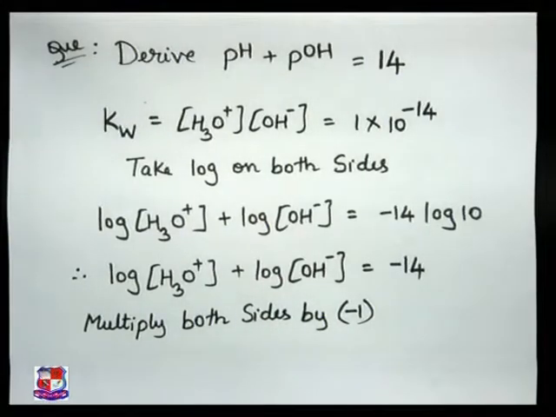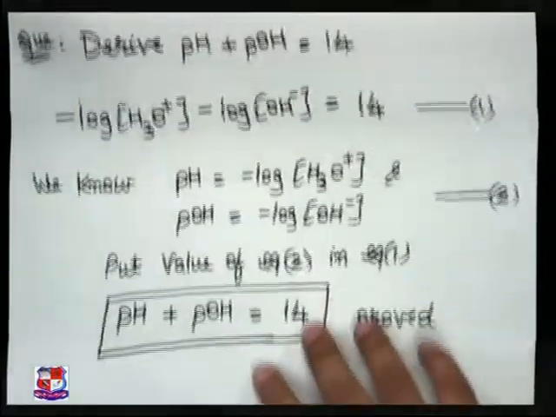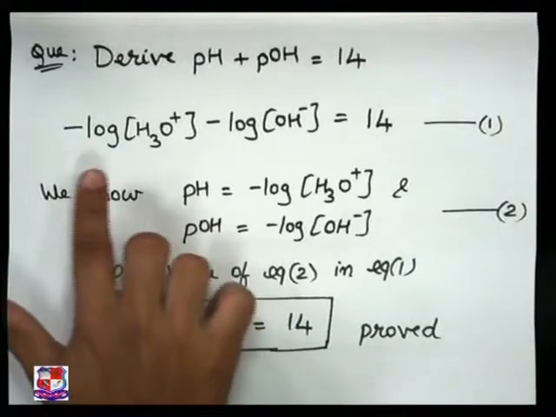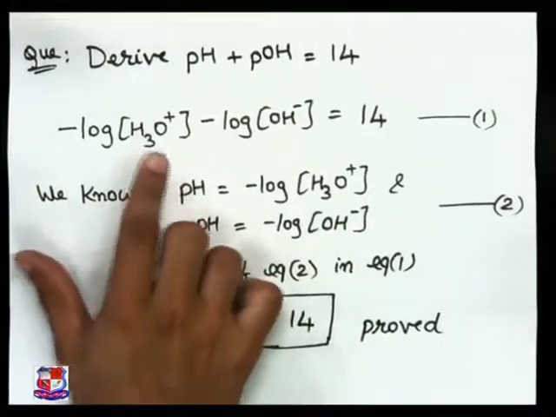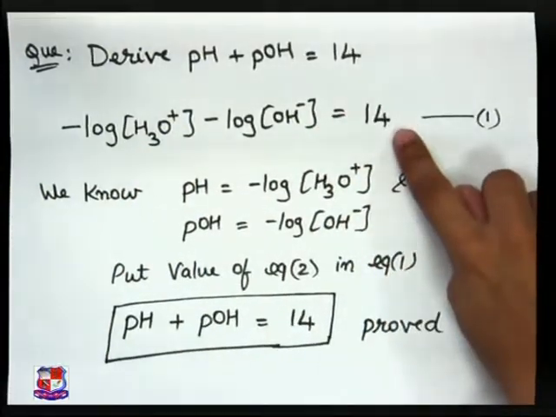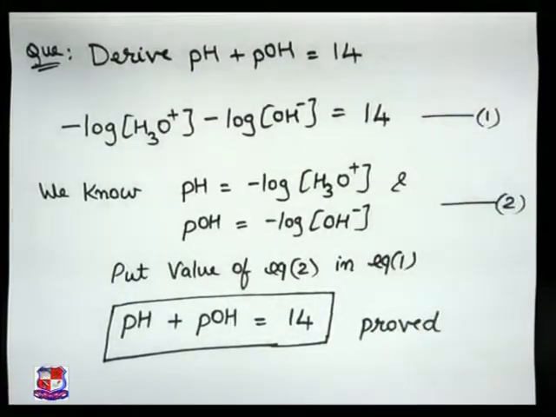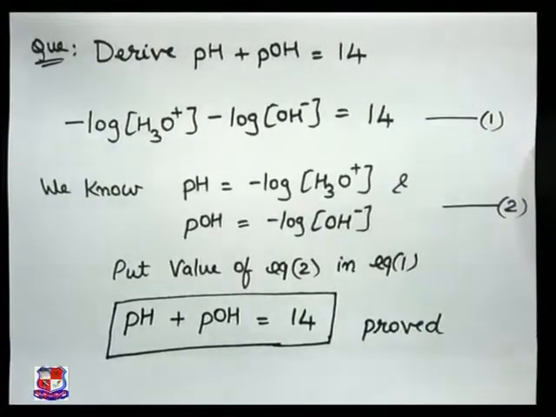Let us see what we get after multiplication. So minus log of H3O plus minus log of OH minus is equal to plus 14, because minus 14 into minus 1 becomes plus 14 here. This is my equation 1.